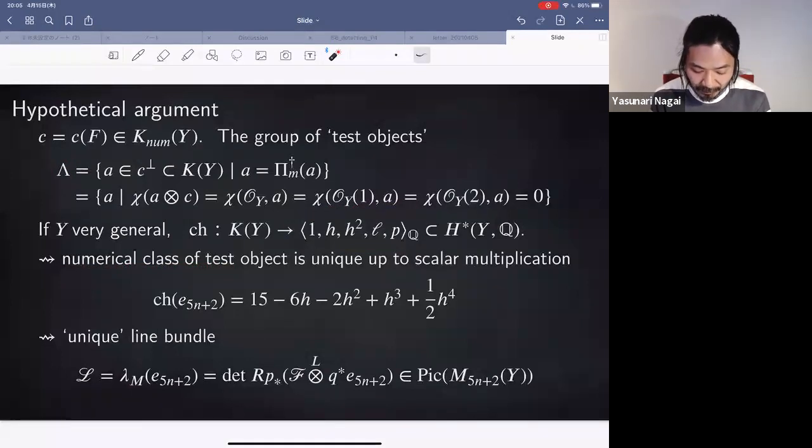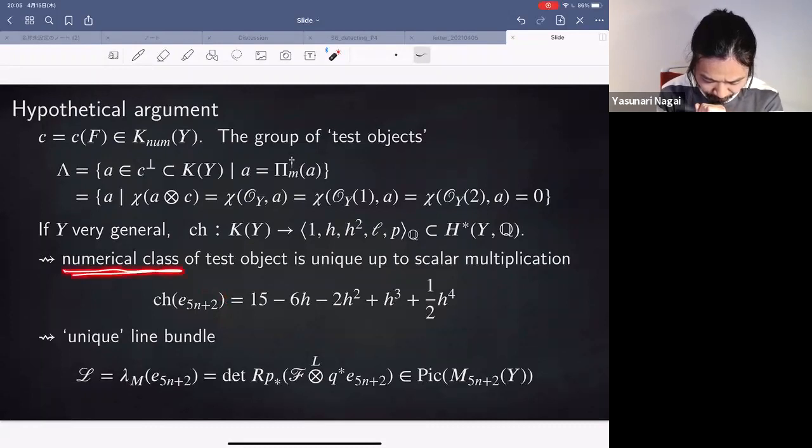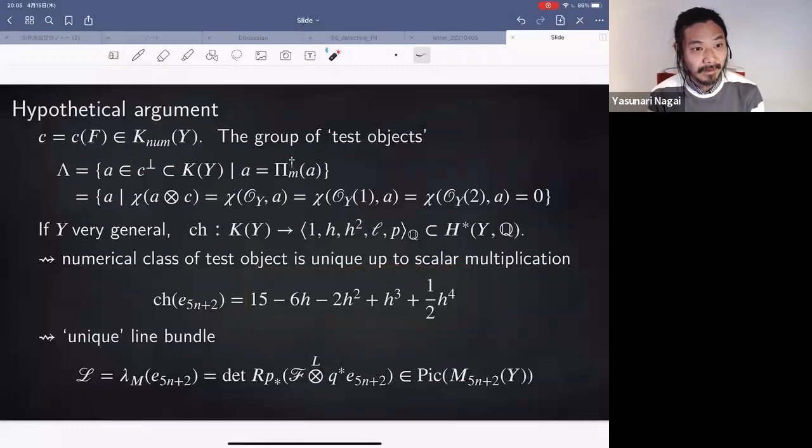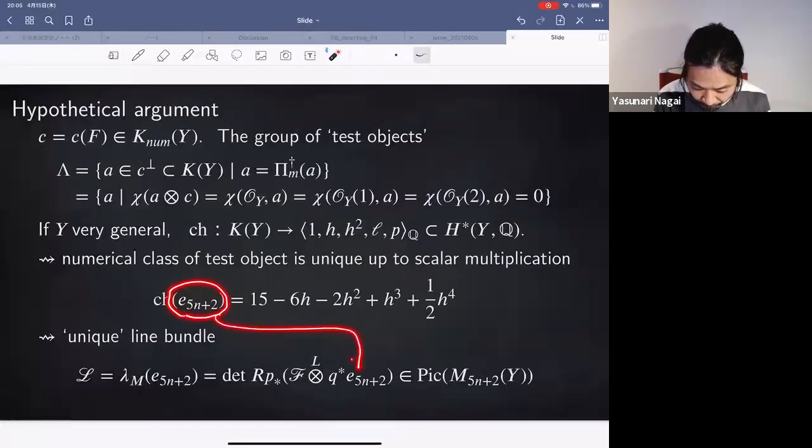And by playing with Riemann-Roch again, we can check the class of that class. I denote this class by E of 5n plus 2, and the Chern class is of this form. And this is a primitive element in the numerical K group. Then we can more or less get the unique line bundle, just plug this test object in here.